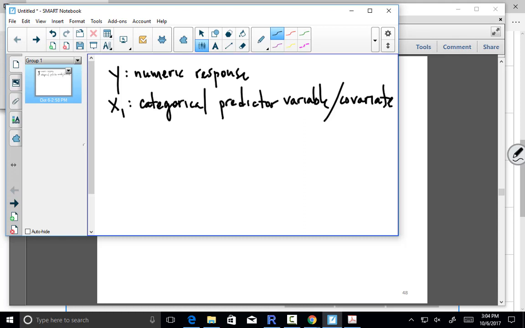It's a variable that we want to model with respect to. We might have a numeric response, like quantify your pain. How much pain do you have right now? And x1 could be control versus a pill that's designed to help against pain.